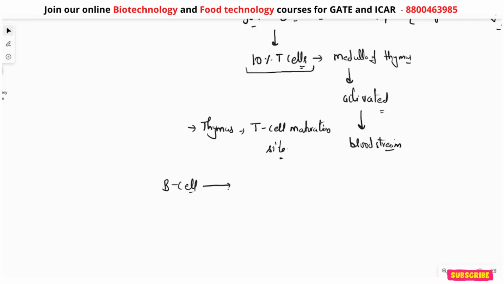then B cells get matured in the bone marrow, and this occurs in mammals. Right? So simply, B cells are produced in the bone marrow and then they are matured in the bone marrow. Right?